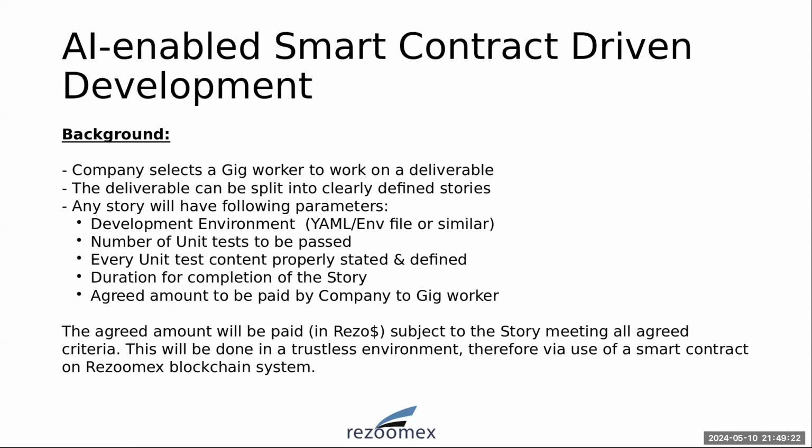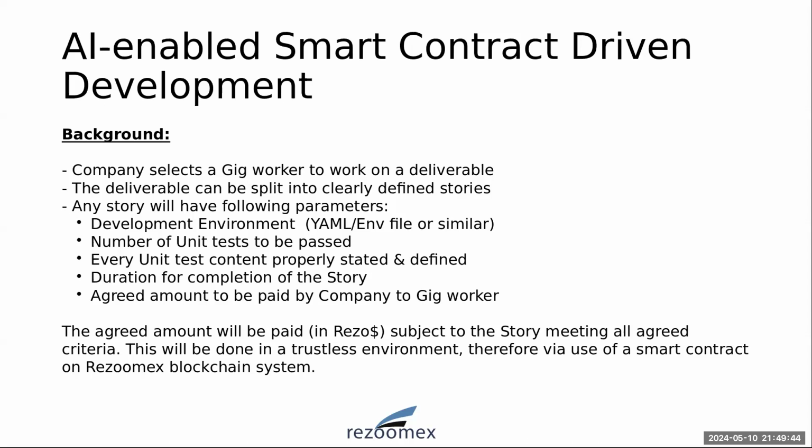Now we have taken certain most popular or most commonly used criteria here, but you can define these criteria, typically how you decide whether a gig worker has successfully completed a certain work. What we assume here is the lowest granular level entity will be a story.